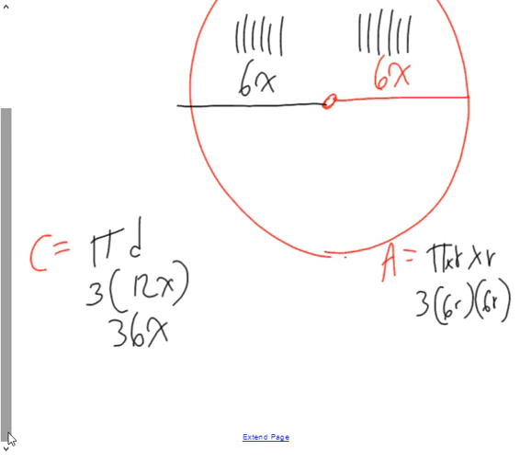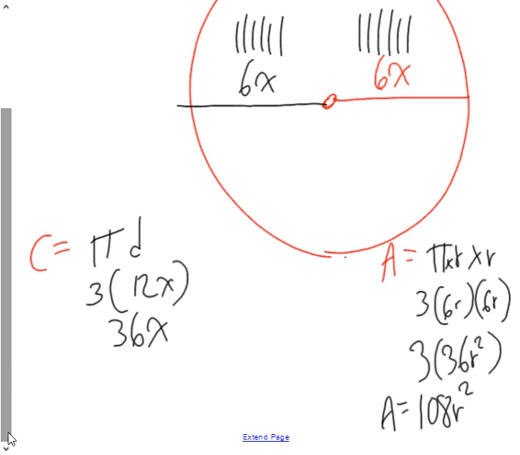So if I think about what the radius squared would be, technically we should do the radius squared first. What is 6r times 6r? Well, it's going to be 36r squared because it's 6 times 6 times r times r. And once we have that, we're going to have 108 as our coefficient multiplied by the r squared. And therefore, the area of this circle would be approximately, since we rounded, roughly 108r squared.